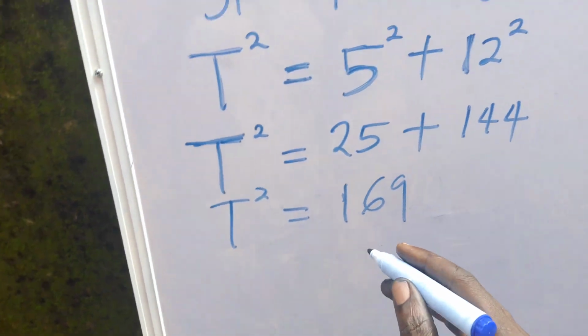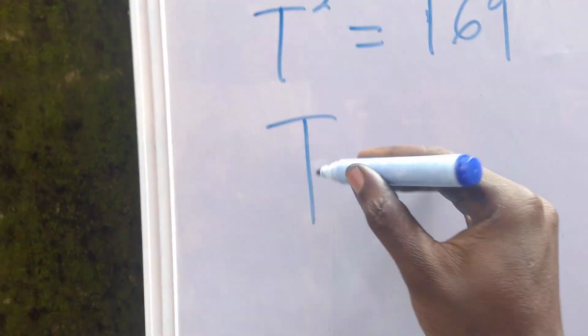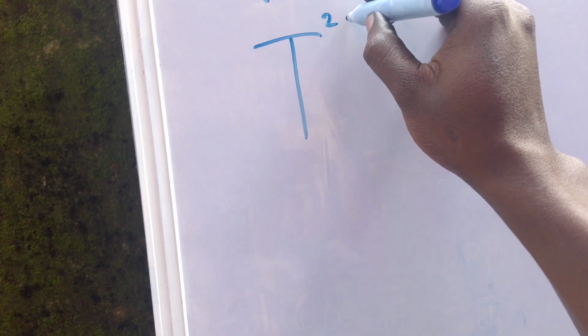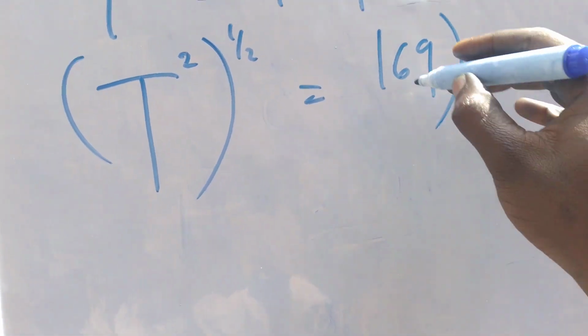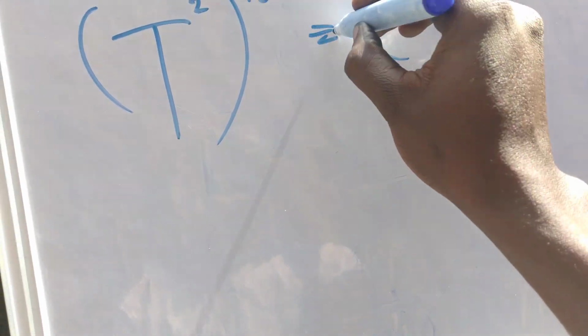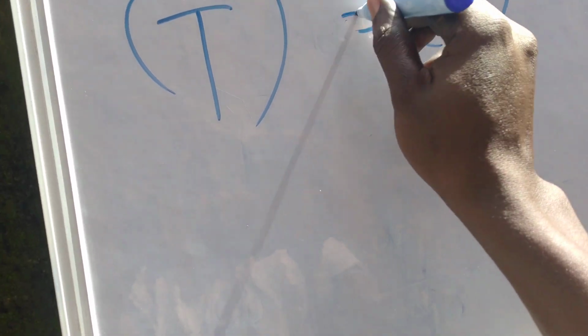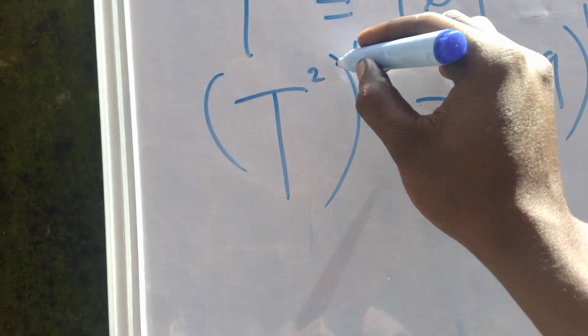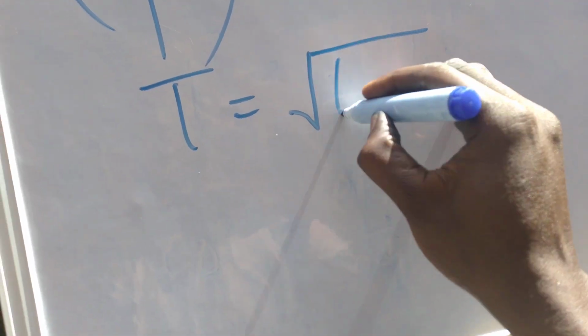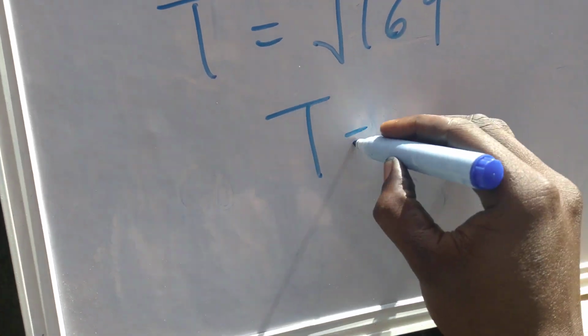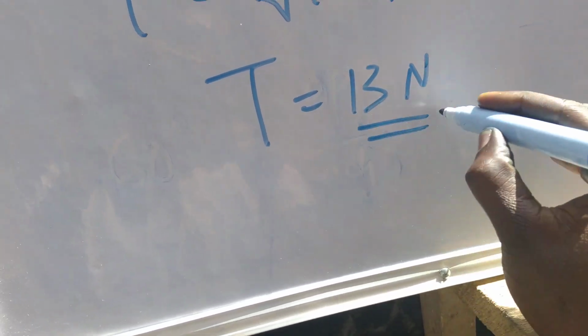169. Okay, so taking square root of both sides, that's T raised to the power half equals to 169 raised to the power of half. So we eliminate this, and T will be the square root of 169. So T is 13 Newton.